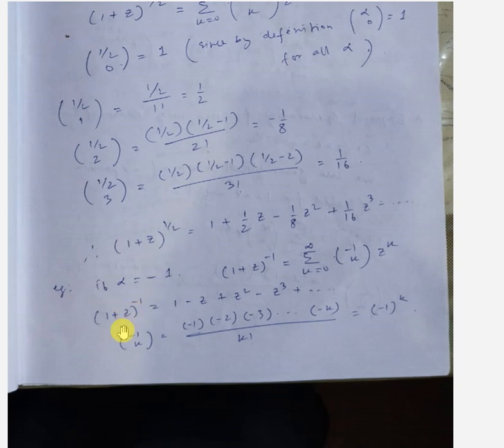Now if alpha is equal to minus 1, (1 plus z) whole to the power minus 1, then we can just write the summation term, and then we can expand and we will get the coefficient.